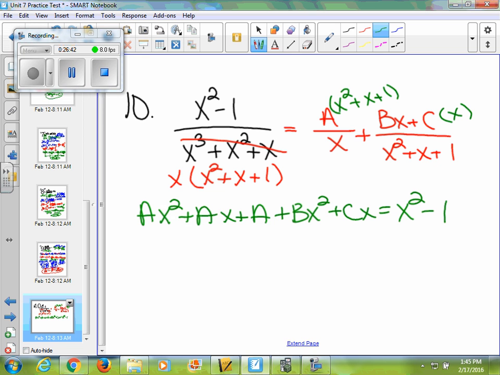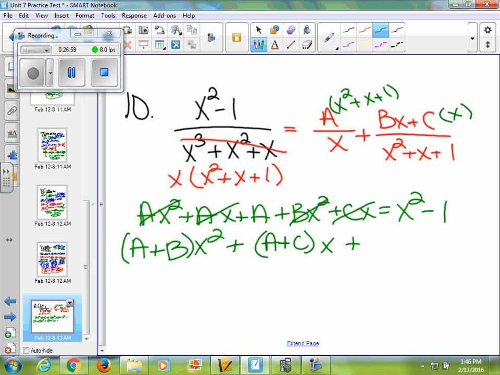So let's group some things together. Let's group our x squareds, our x's, and our constants. So I have an a x squared and a b x squared, so a plus b x squared. I have an a x and a cx, so a plus cx. And then my only constant left over is just a.